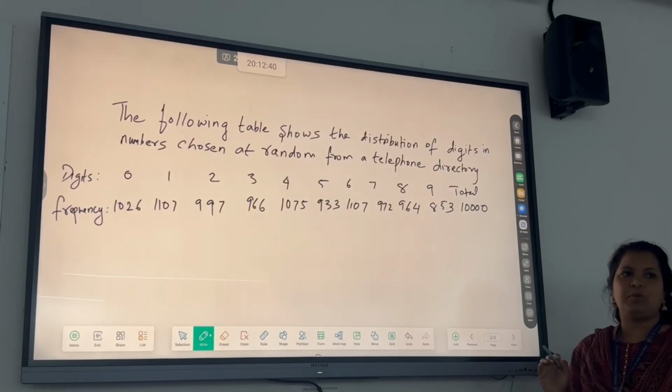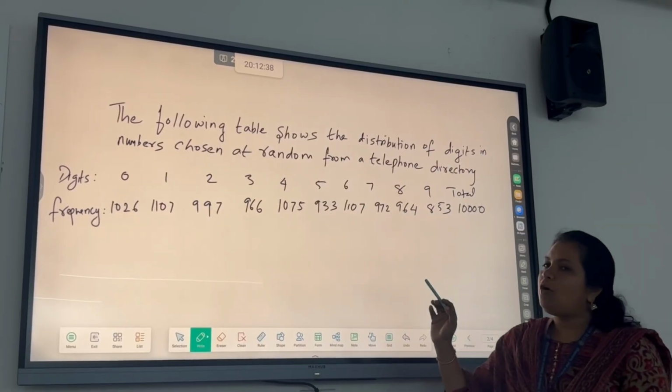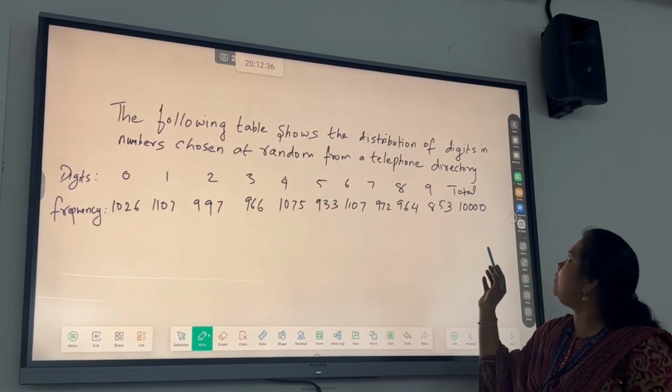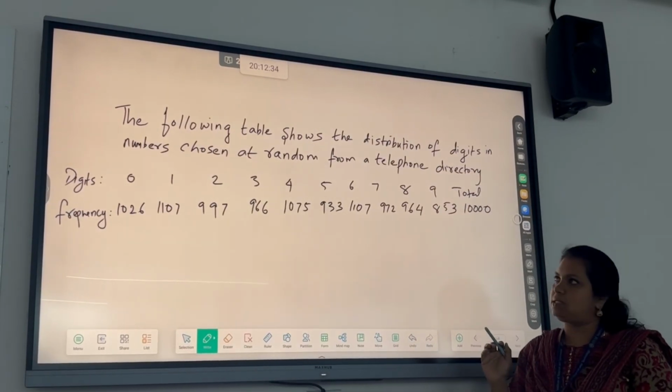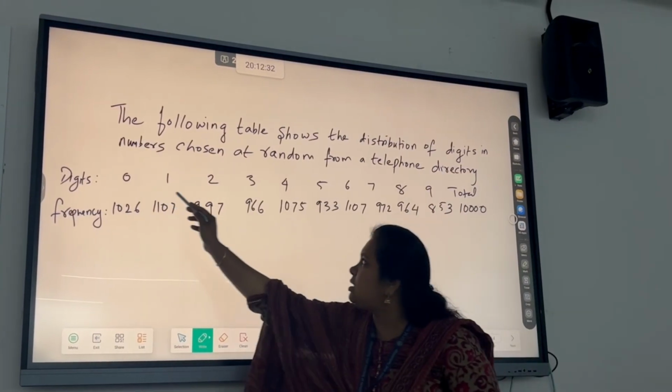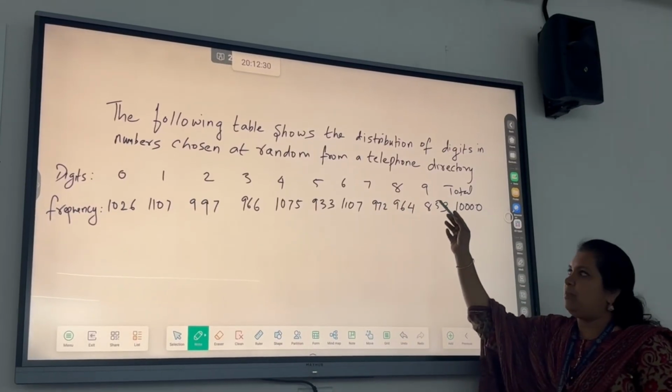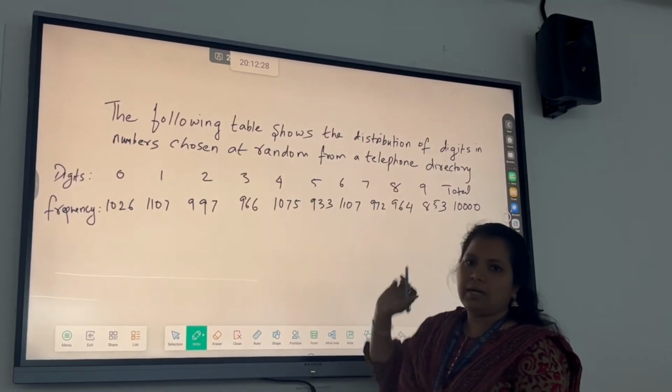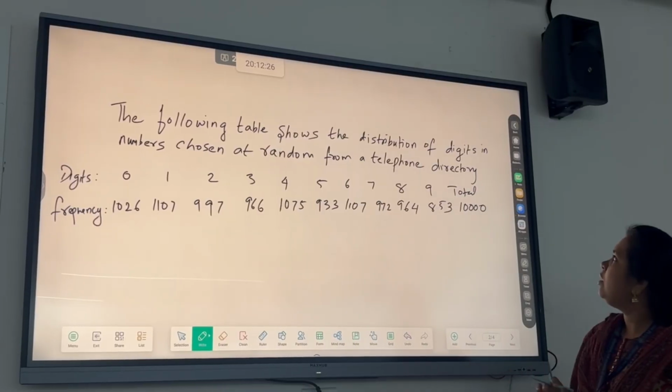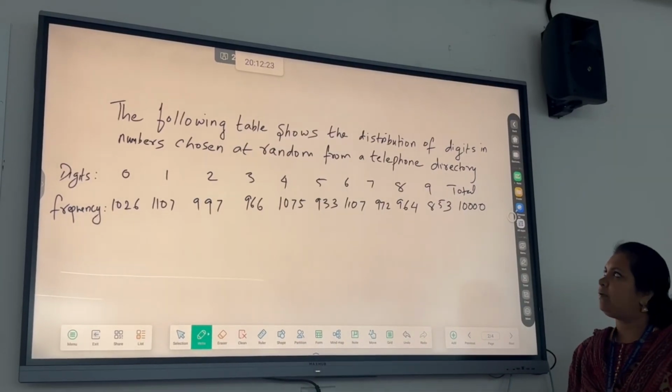Yeah, this is the problem. The following table shows the distribution of digits in numbers, up to the digit 9, chosen at random from a telephone directory.